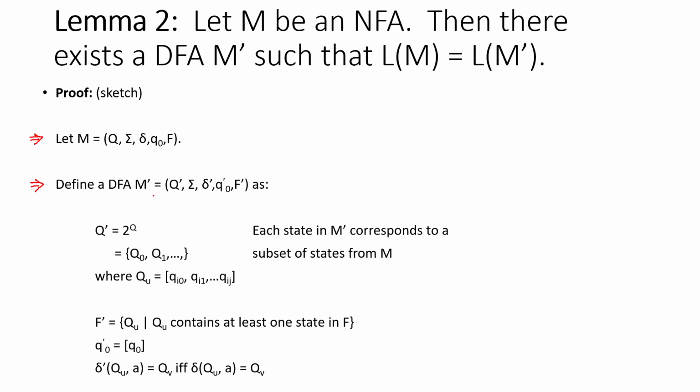Now in this particular DFA, you see how we can define this Q dash with respect to this NFA. We can say that Q dash equals 2 to the power Q, as we have seen, because each state in M dash corresponds to a subset of states from M. What does it mean?